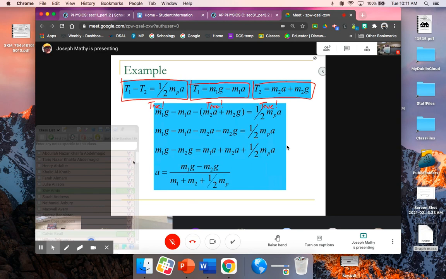Don't write all of this down. I know you can do algebra, but here's what I literally did. I just substituted T2 in for that, and I substituted T1 in for this. That is what you're seeing: massive substitution. Just write this down.